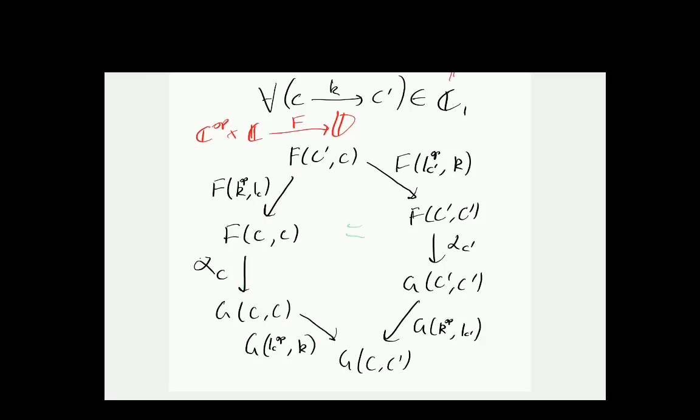This is just the definition of a dinatural transformation. Now, I could motivate this further, but I think it's better if I just carry on, and very quickly we'll see how all this relates to the ideas of ends and coends.